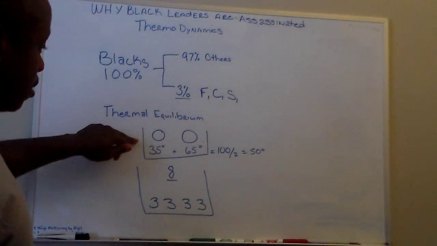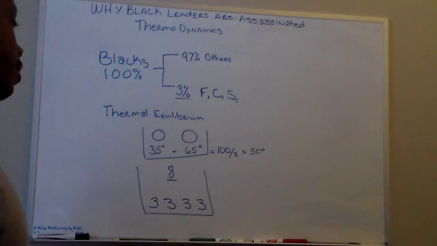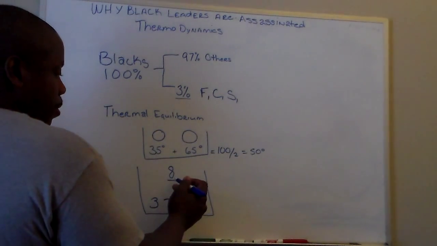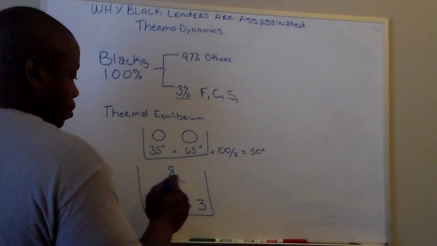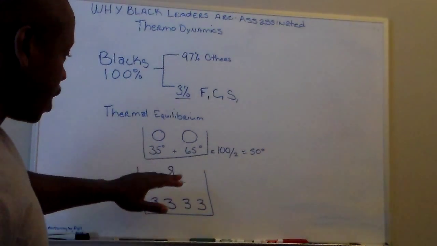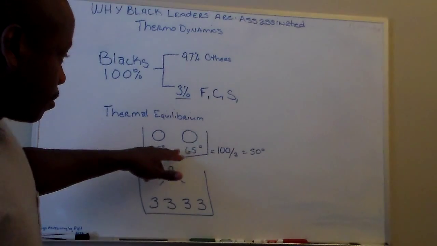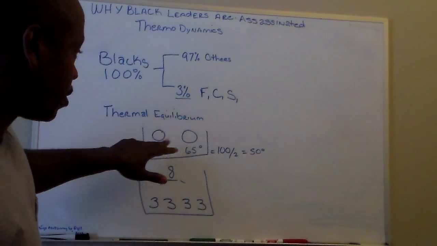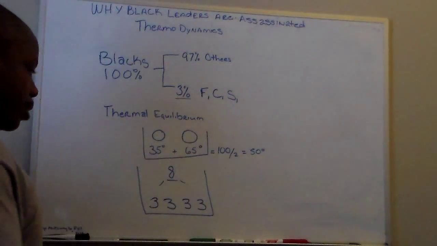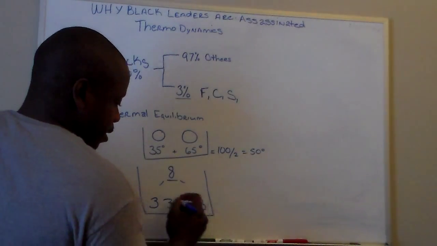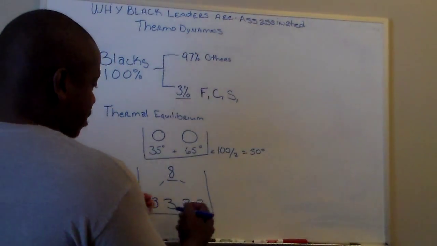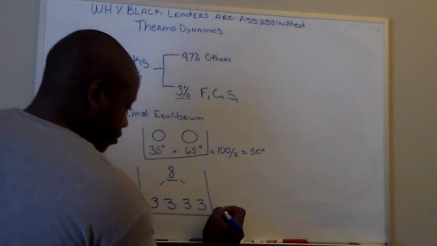This same formula is going to apply here. Now this person is going to share information with these others, so he's not going to lose any information like what happens up here where the 65 lost some of its temperature to give here. So you add these up, and this person is going to drop an 8 of information, drop some joules on these folks.